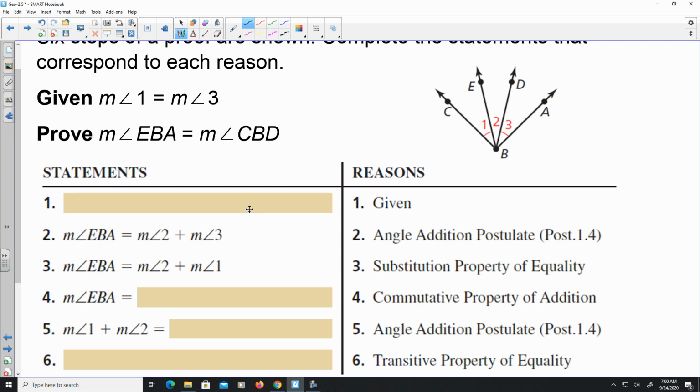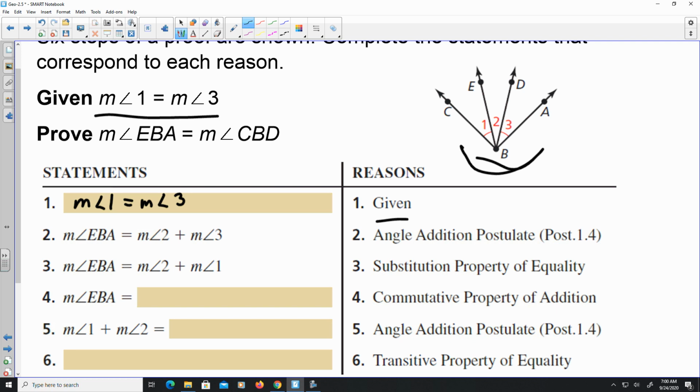The first statement they're telling you is given. So the given statement is right here, so I can easily write the measurement of angle 1 is equal to the measurement of angle 3. They gave that to us, but also the hash marks on the diagram itself tell us that they are equal as well.